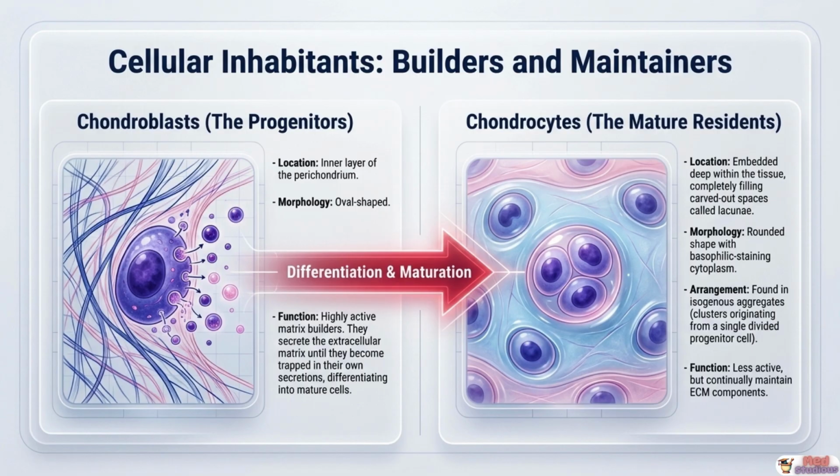They continuously maintain the surrounding ECM components, responding to mechanical loading signals and biochemical cues to remodel the matrix as needed. A key architectural feature: chondrocytes in hyaline cartilage are frequently found in isogenous aggregates, clusters of 2, 4, or more cells sharing proximity, all descended by mitotic division from a single original chondroblast.